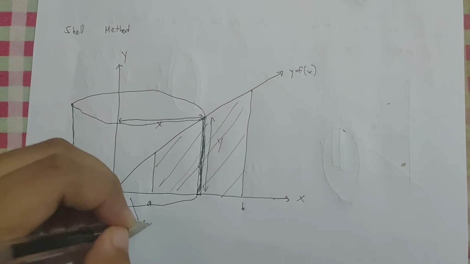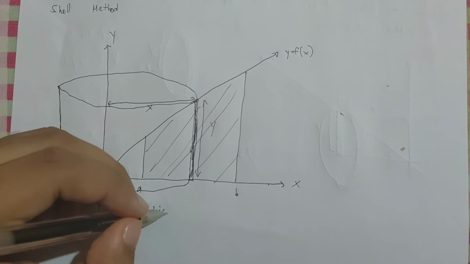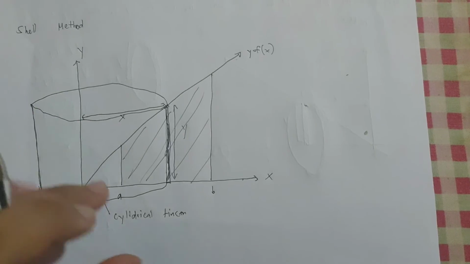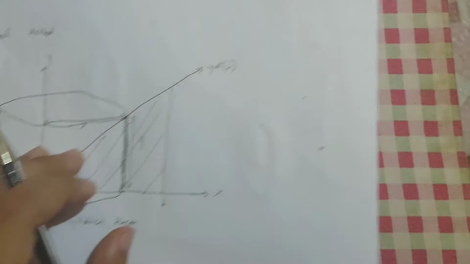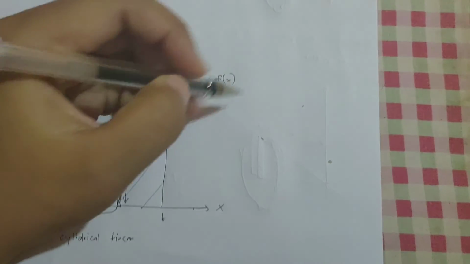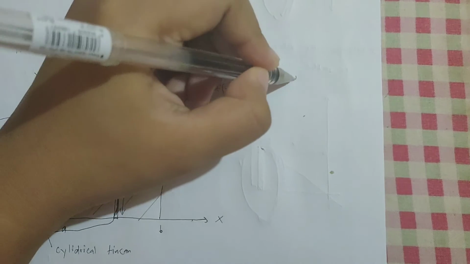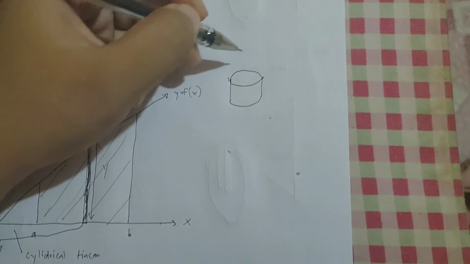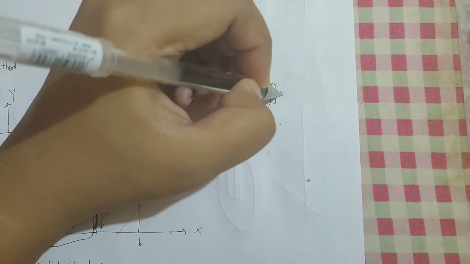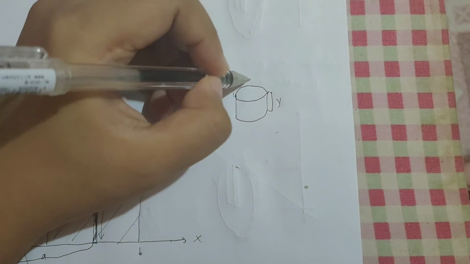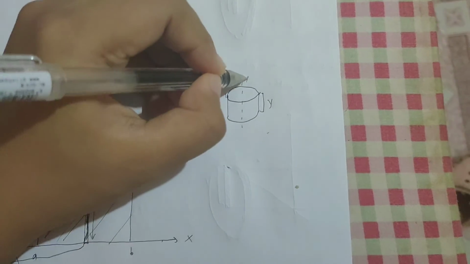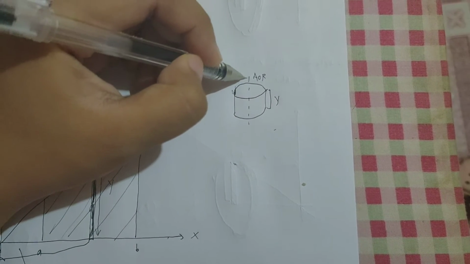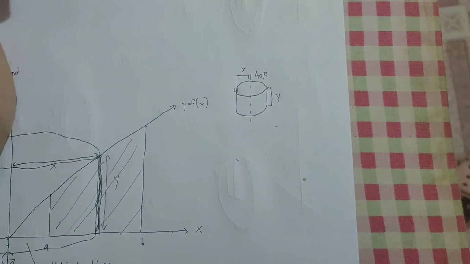It should look like a cylindrical tin can. So we will extract this cylindrical tin can to here. This is our y, height of the tin can, and in this part will be our area of rotation. And from here to here will be our x.